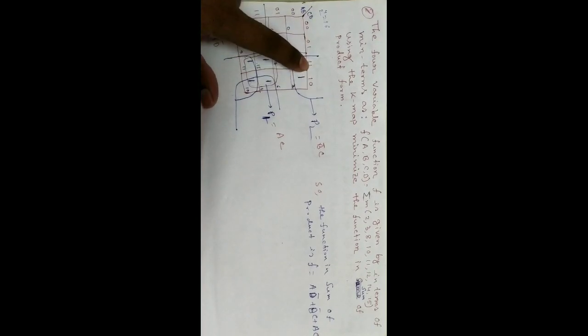And now we see which one is not a variable. Here for the first group of ones, this one and this one is not variable, but this one is changed to 0, so C is not variable.